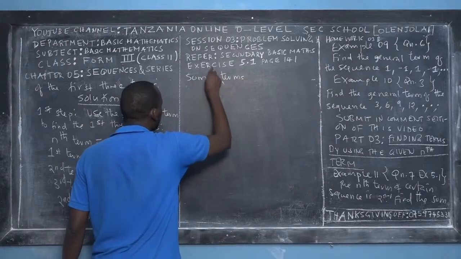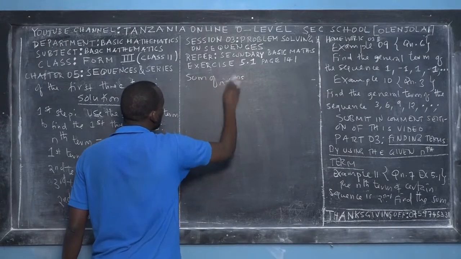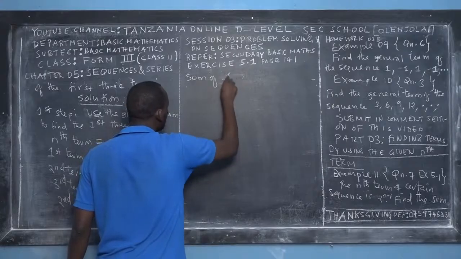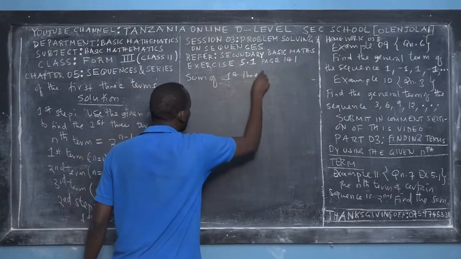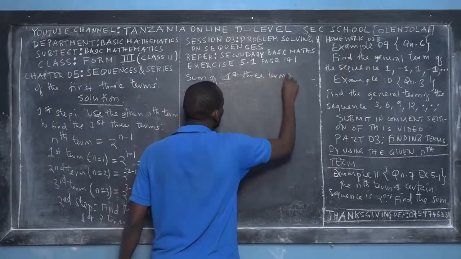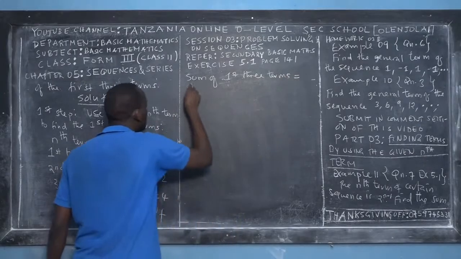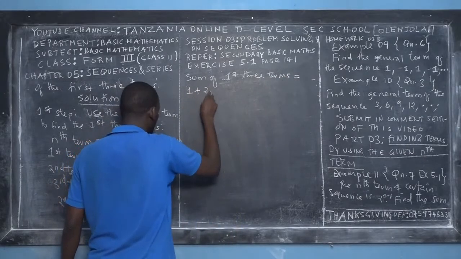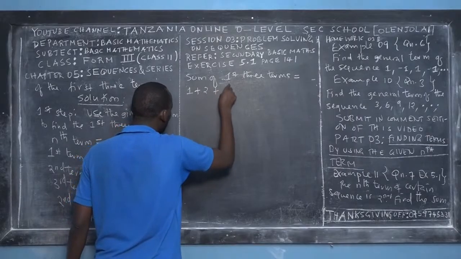So now the sum of the first 3 terms: the first one is 1, the second one is 2, and the third one is 4.